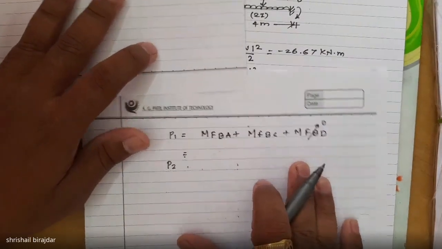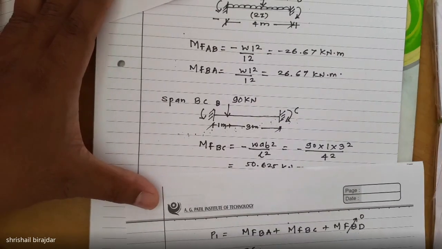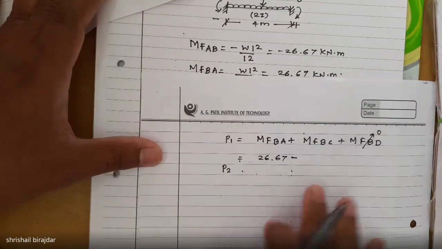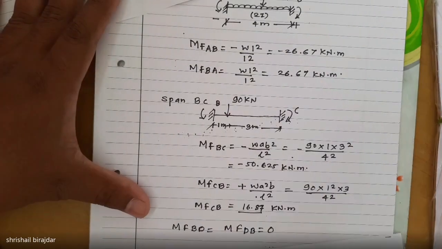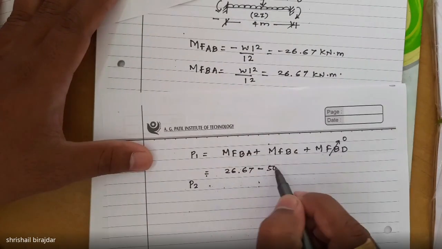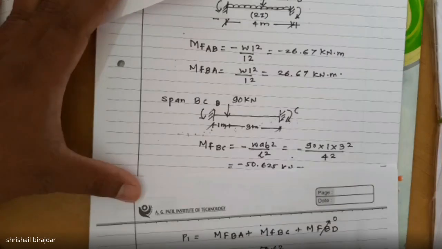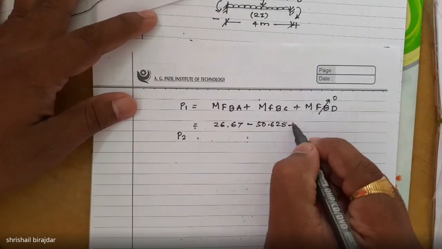MFBA how much? Okay, we'll take it as 26.67 minus MFBC. Already you worked out here, minus 50.625. Okay, here it is 0.